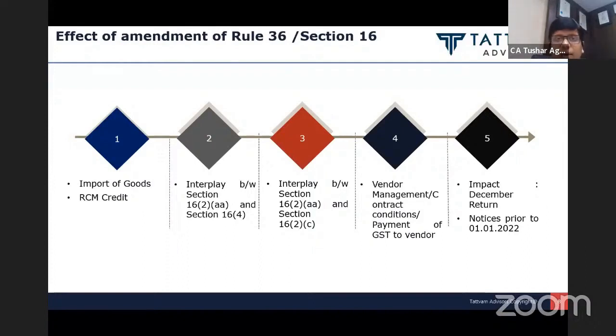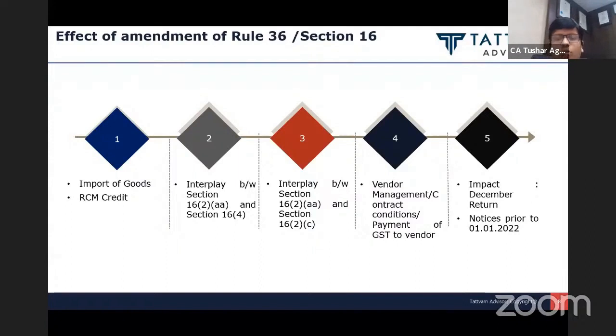Very interesting, very important interplay between section 16.2 AA and section 16.4. Friends, if you recall, what is section 16.4? Section 16.4 prescribes the time limit within which you can avail the input tax credit.